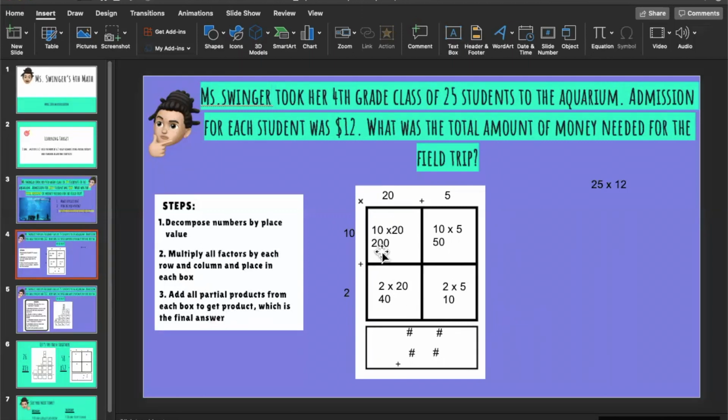So here I have 200, 50, 40, and 10. Okay, so I'm going to add those numbers together. 200 plus 50 plus 40 plus 10. Okay, so I know I need to add these numbers up to get my final product.